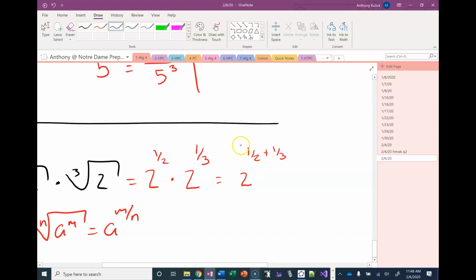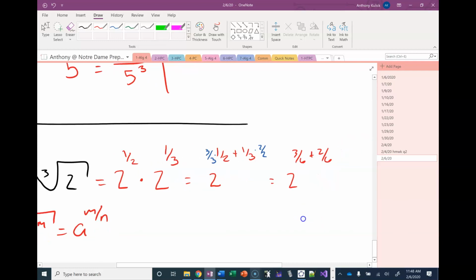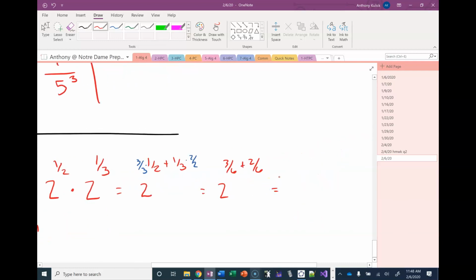So what do I need to multiply 1/2 by to make that common denominator? Well, 3 over 3, right? Because it's got to be the same number in the numerator and denominator. What do I have to multiply the 1/3 by? 2 over 2. So that's going to be 2 to the 3/6 plus 2/6. Everybody okay there?